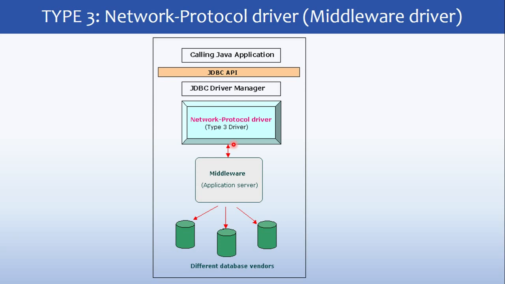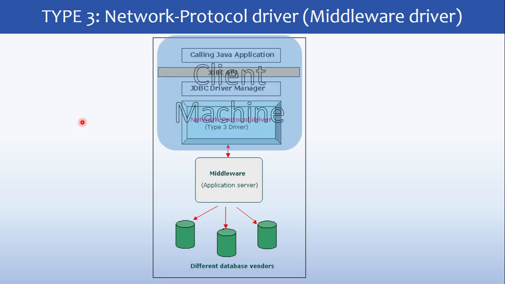Now we'll try to see the same communication in a block diagram. This block diagram shows the same components as we have seen in the previous slide. We just have to observe which component falls on the client side, which falls in the middleware, that is the application server, and which falls in the database server. Your application, your JDBC API calls and the network protocol driver all fall on your client side.